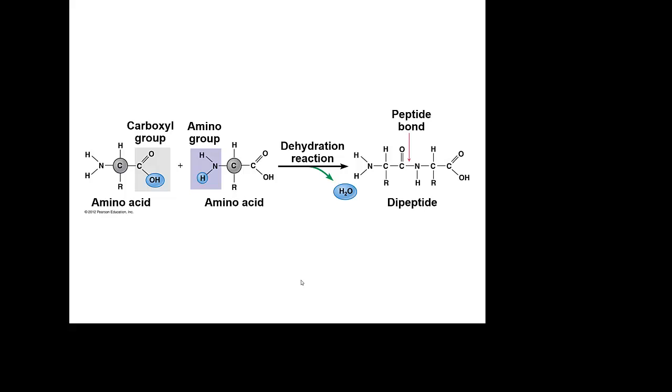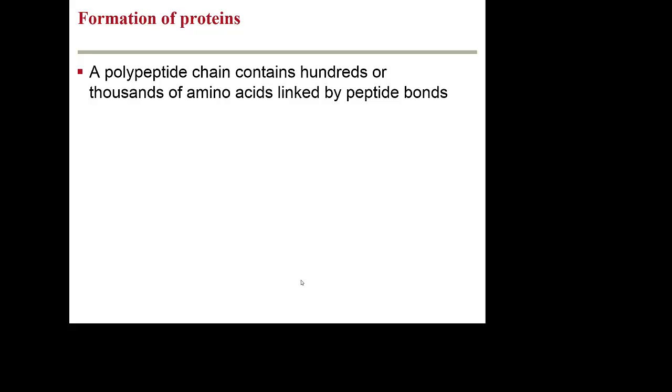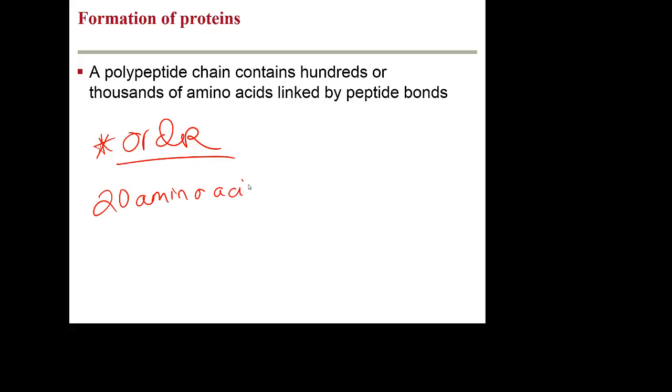Fine. But when we look at a polypeptide, we could be looking at hundreds or thousands of amino acids all put together. The critical part here is order. How are they put together? Which amino acids are in which sequence? So we said we have 20 amino acids to work with. But of those 20, maybe you put 1 and 2 and 4 and 1 and 3 and 4 all in a line.